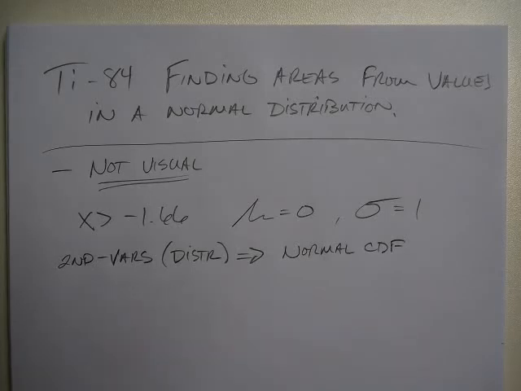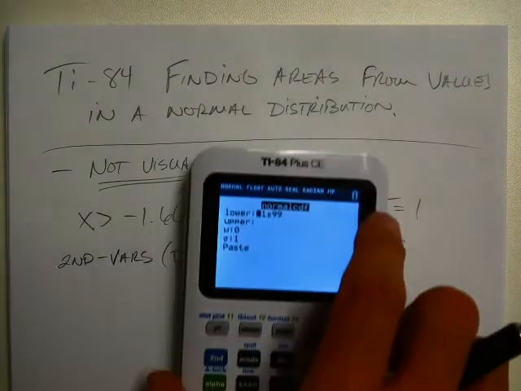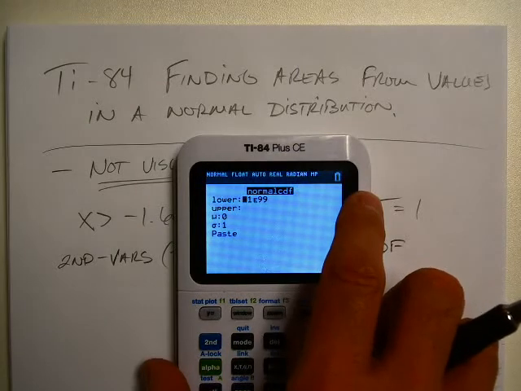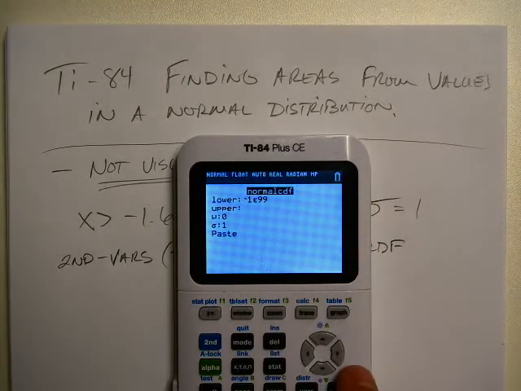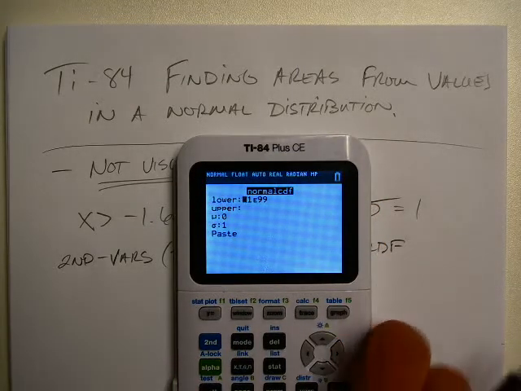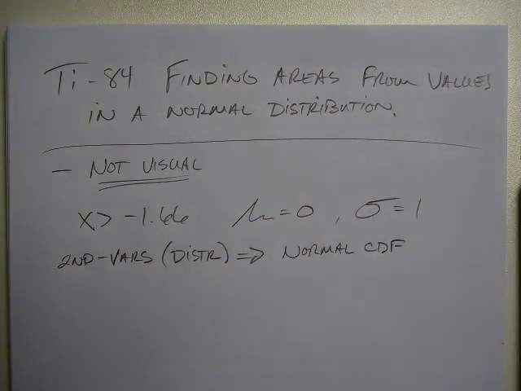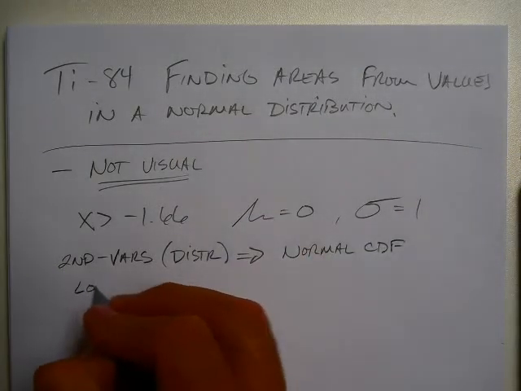So when we do that, we bring up a menu. And unless you have one of the older calculators, the lower number, we're going to put in negative 1.66.